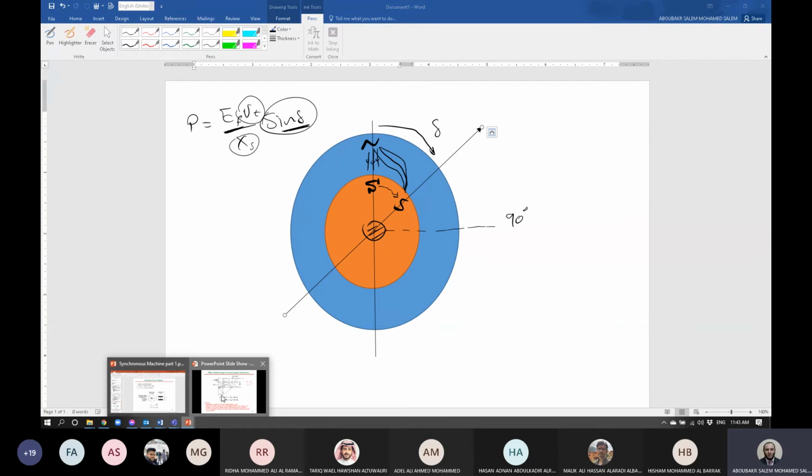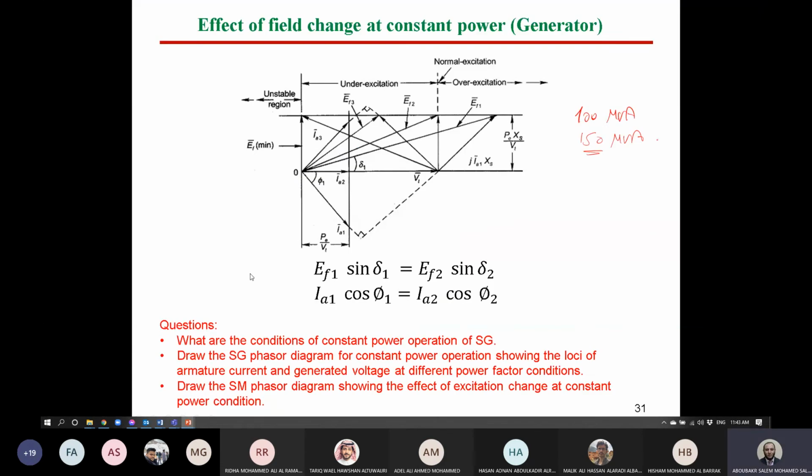So if we increase the power needed from the machine to 150 megavolt ampere, we expect an increase in delta. How can we decrease delta? By increasing excitation.